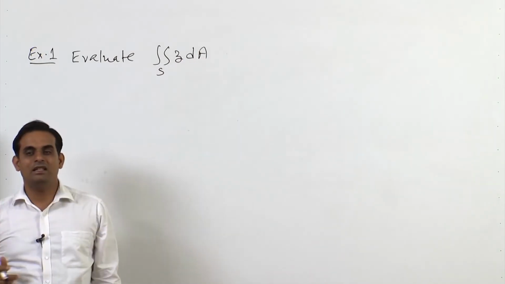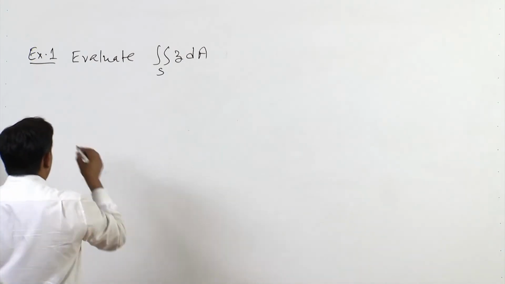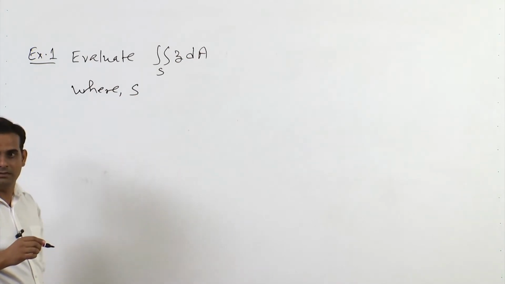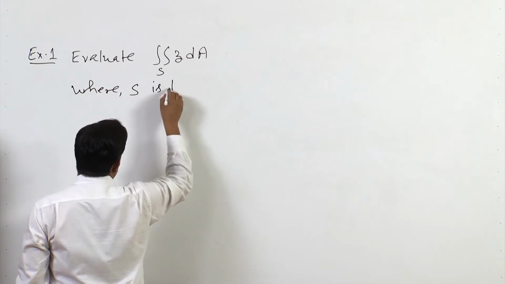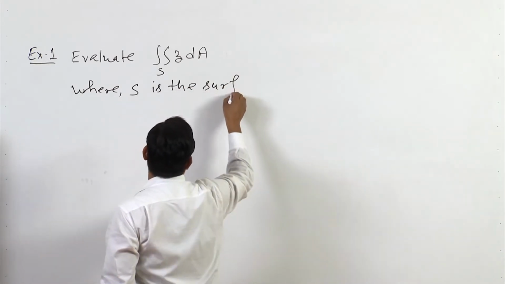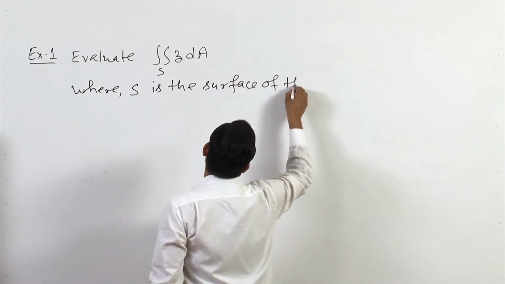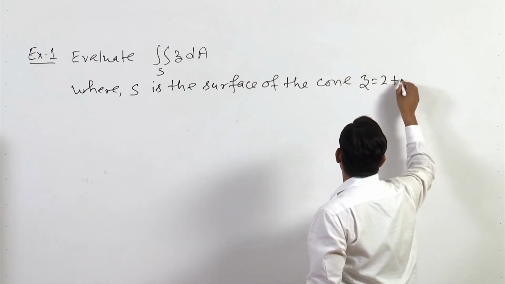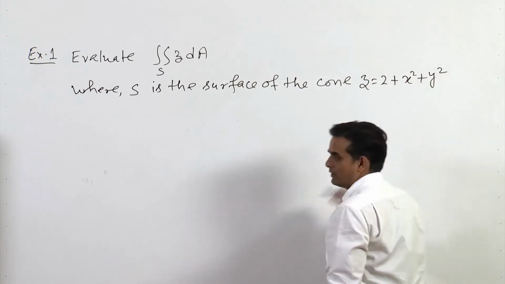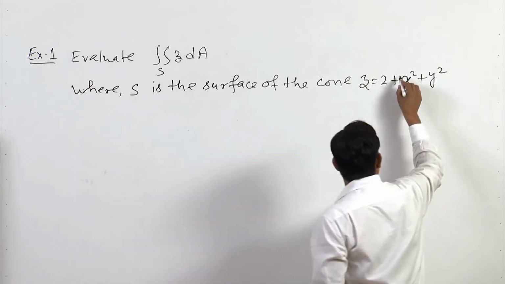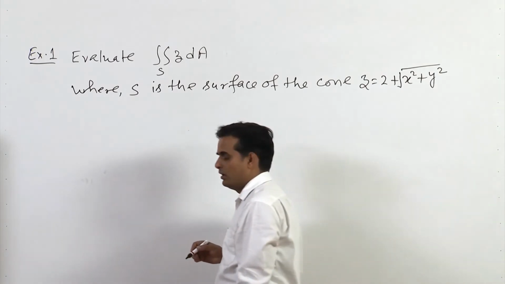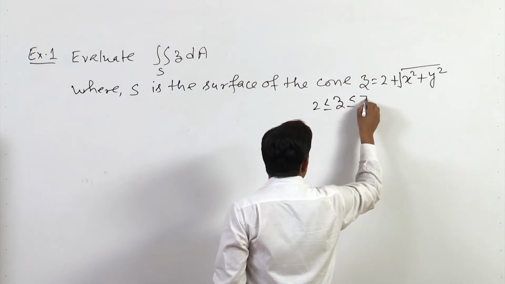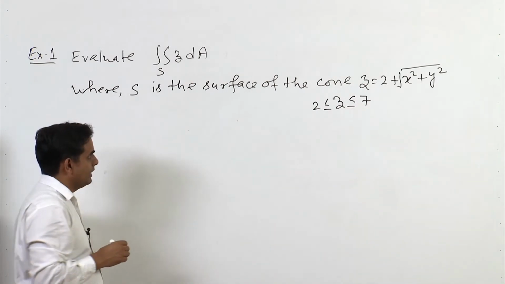So g of x y z is only z, where S is the surface of the cone, z equals to 2 plus square root of x square plus y square, and z is from 2 to 7, in the first octant.